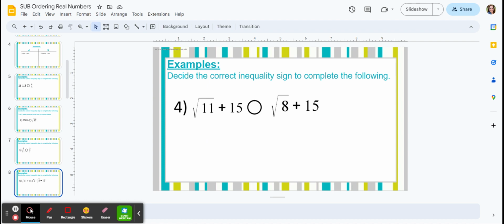That's 18.3. Then the next one is the square root of 8. Again, move over to the right, then put plus 15, and that would be 17.8. So 18.3, so the square root of 11 plus 15 is greater than the square root of 8 plus 15.